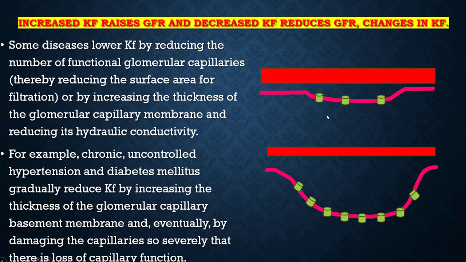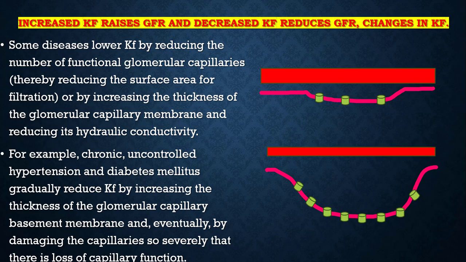Diseases which cause reduction in the surface area reduce the filtration rate, and when there is thickening of the basement membrane, it also reduces the filtration rate. So reduction in the surface area or thickness of the basement membrane both reduce the filtration, and in this way cause a decrease in the filtration coefficient.